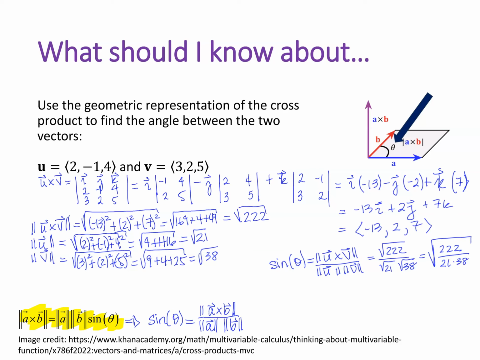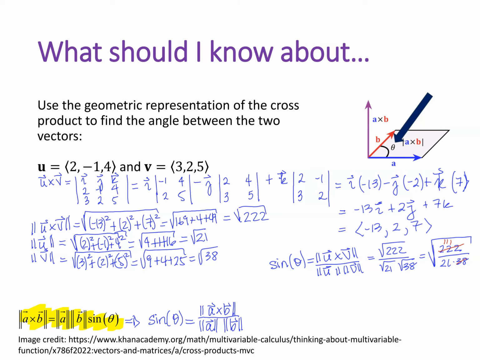Now, it does turn out that this fraction can be simplified. Let's see. 2 goes into 222 once.